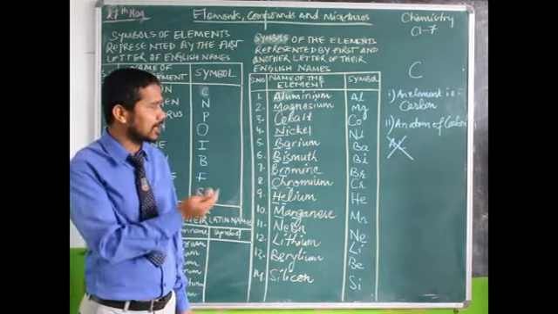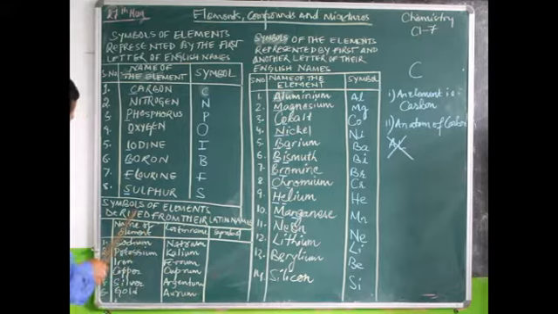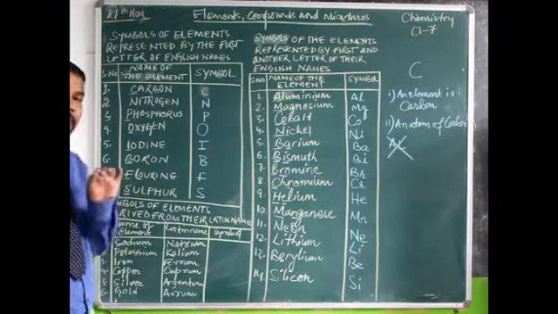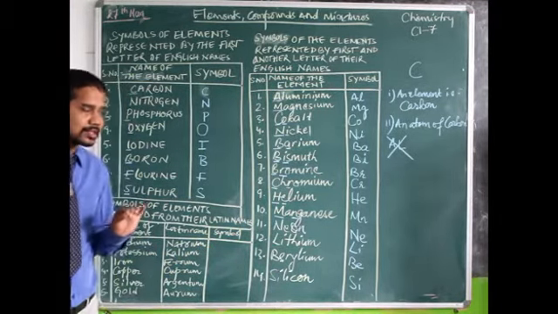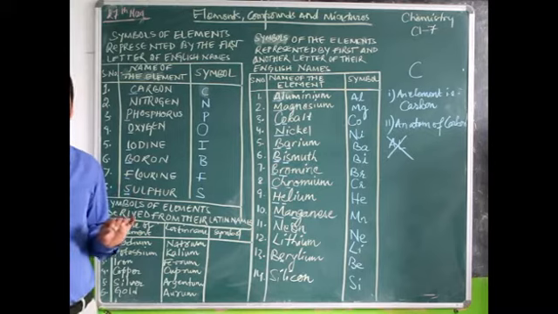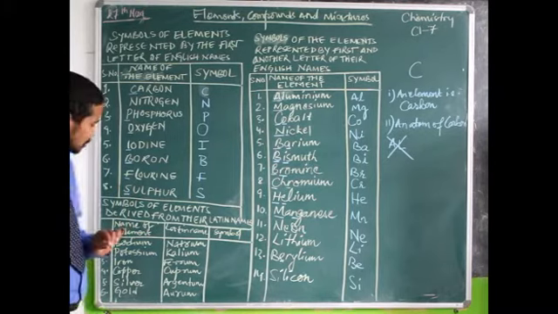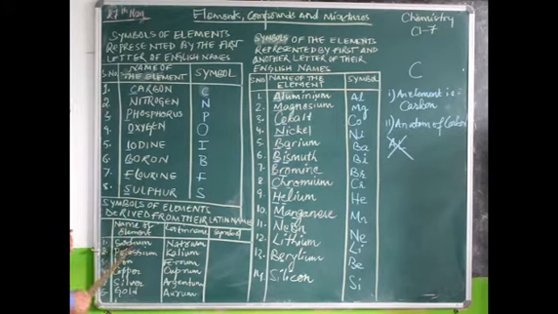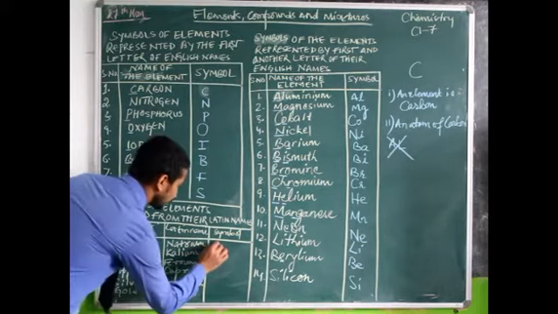Now the third type: symbols of elements derived from their Latin names. Some of the elements have symbols derived from their Latin names. Number one, sodium. What is the symbol of sodium?